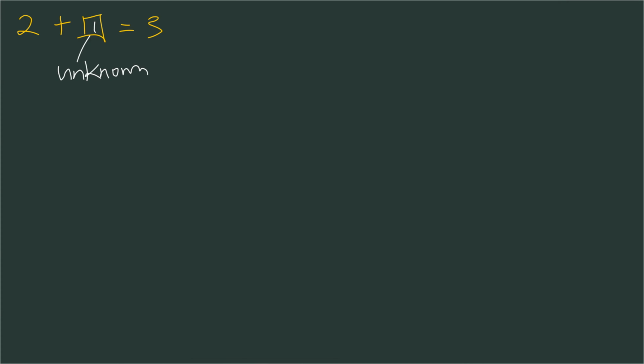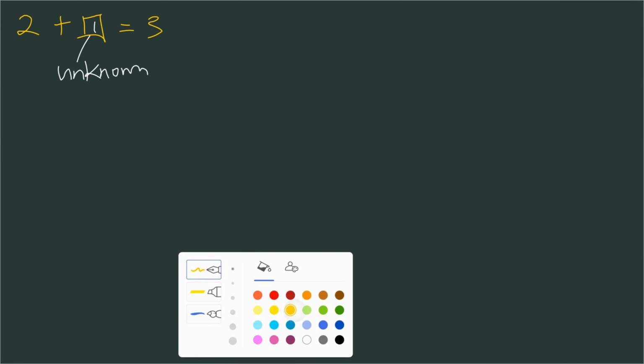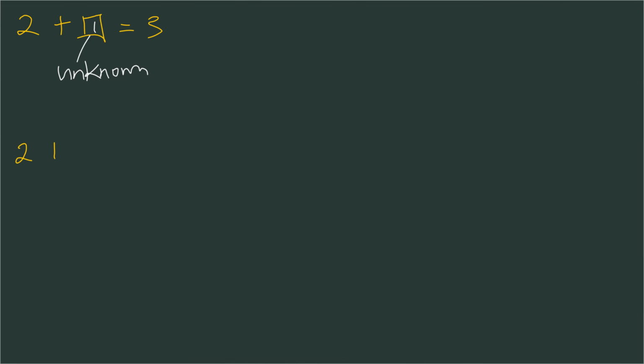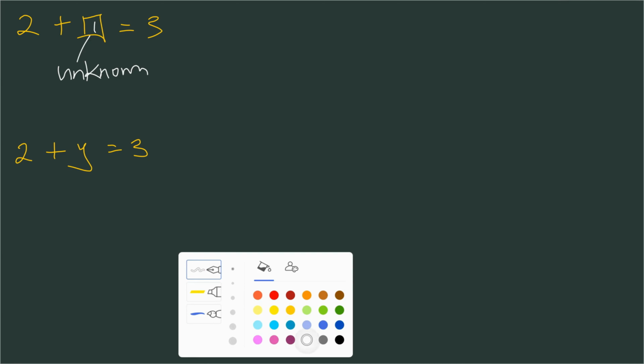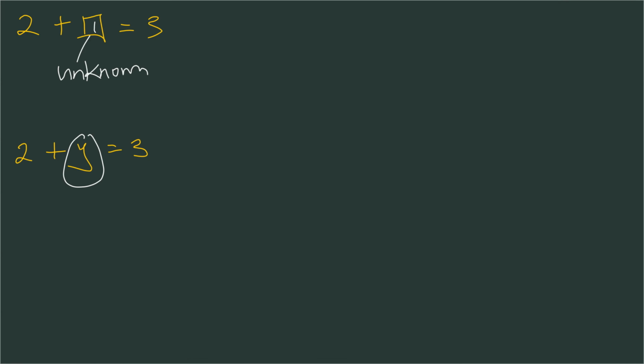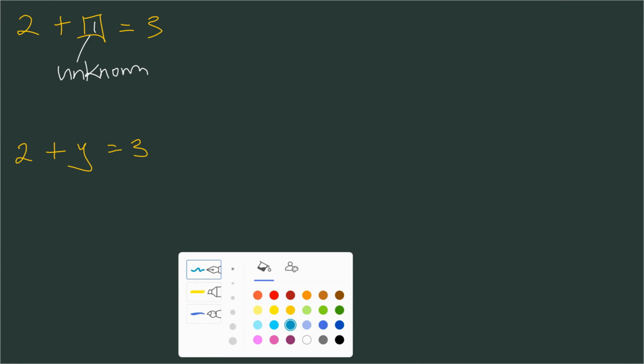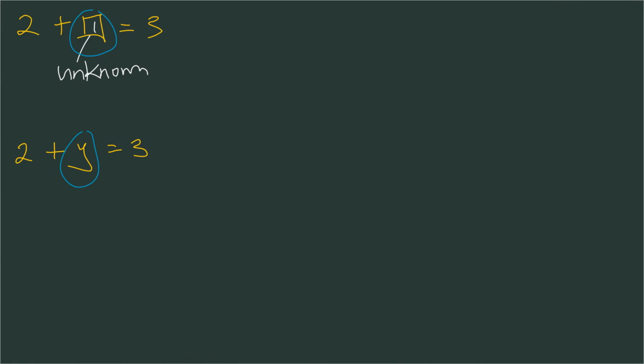Now that you have grown and realized that mathematicians use letters to represent the unknown, we are going to use a letter, any random letter. In this case, we'll use Y. We can use any letter, but here we're going to use Y equals 3. So this Y is having the same purpose as that box.